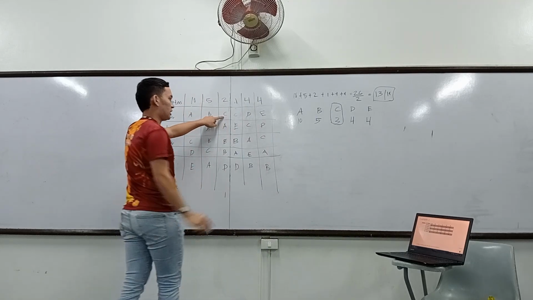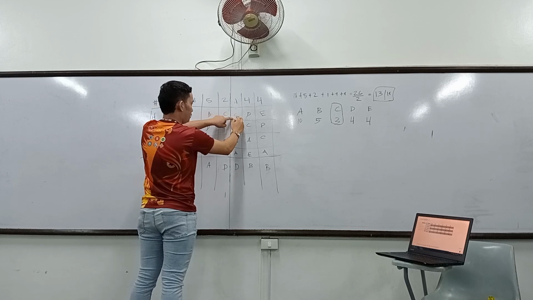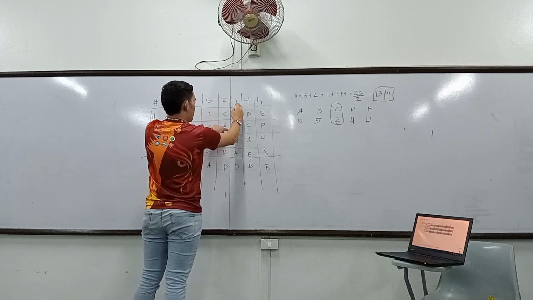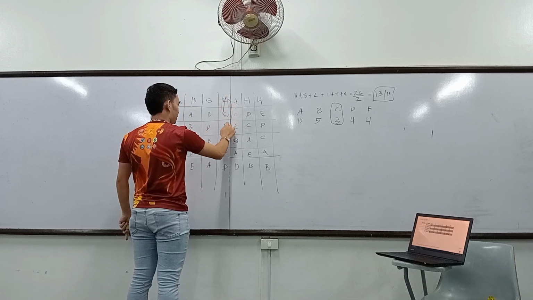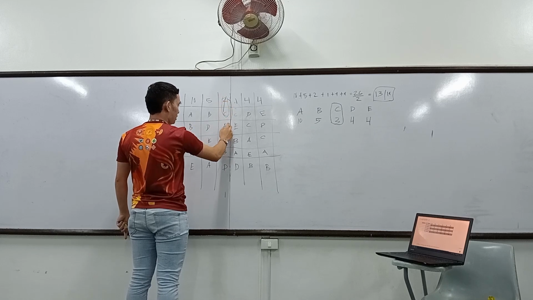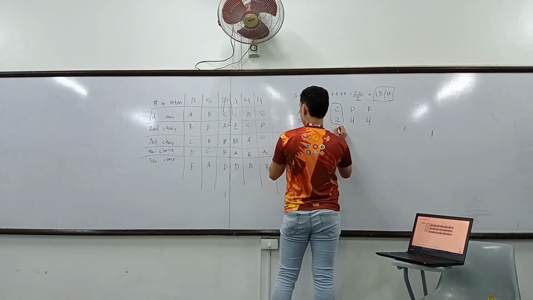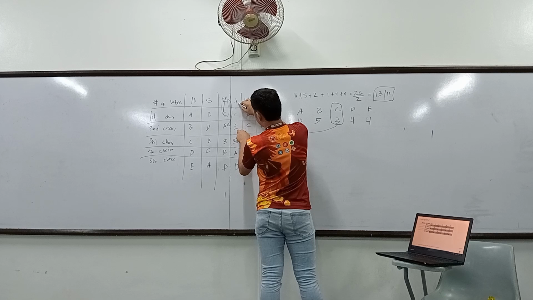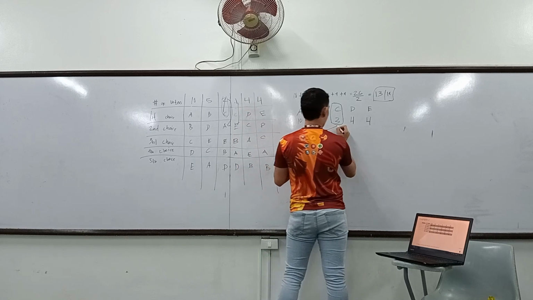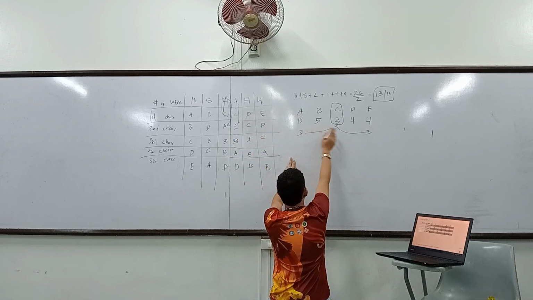Candidate letter C's second vote goes to candidate letter A, so 3 to letter A, and letter E. So the next step is to do the same process.